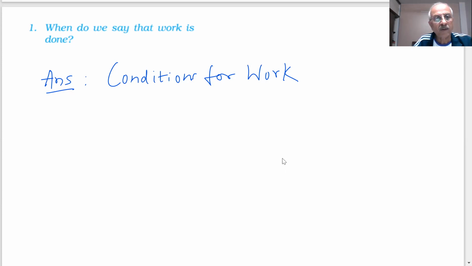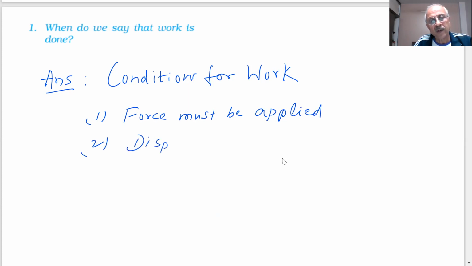Sir, when a force acts on a body, force should be applied. It must be applied. If there is no force, there will be no work. Second, sir, there should be displacement of the body. If the body shows zero displacement, then the work will be zero.